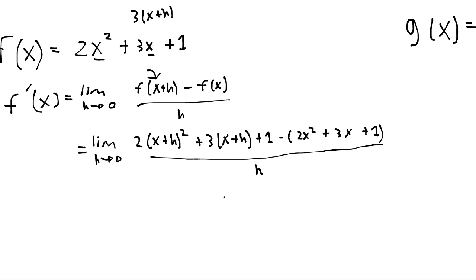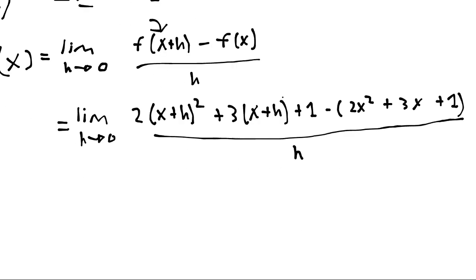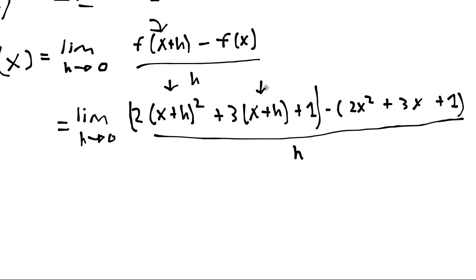Okay, so this is what it should look like now. You can see I replaced all the x's in the original function on this side. I'll put a bracket right there so you can really see. So f of x plus h now becomes the same thing, but x is turned into x plus h. You can see that one got replaced, and that one got replaced from the original function. Next you're going to square this one right here.